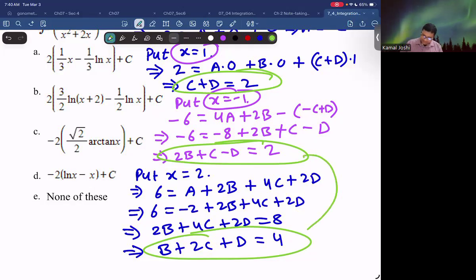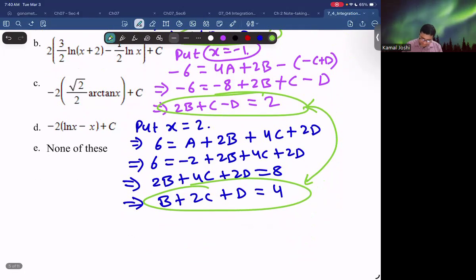Let's say I want to eliminate the b out of them. If I want to eliminate the b, I will subtract the 2 equations, let's say equation 3 minus equation 2.